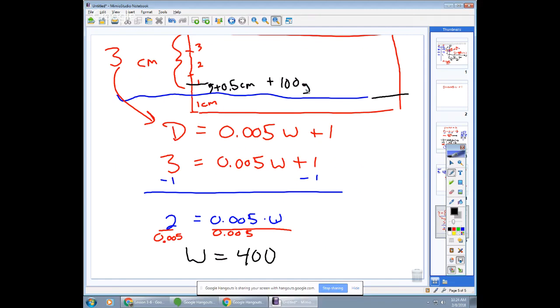So every 100 grams is going to drop it another 1/2 centimeter, which should mean we get an answer of 600 grams total to drop it down. Somehow we came up with 400. So there's an error in thinking in one of those approaches, and I'm not seeing it off the top of my head. So I will get back to you on Monday about that one.